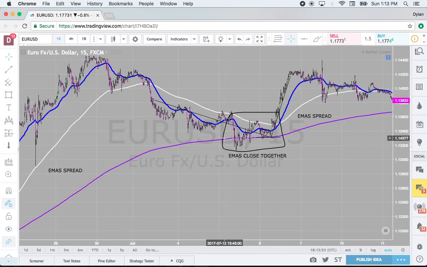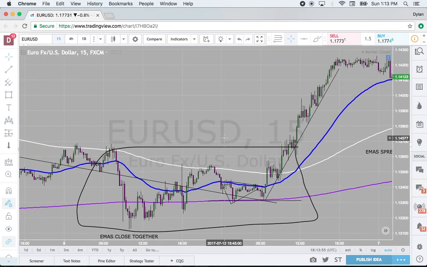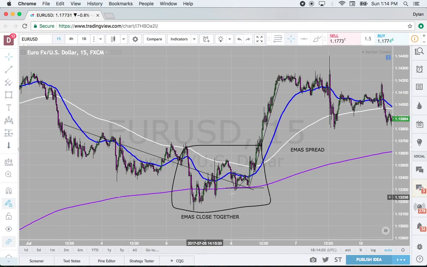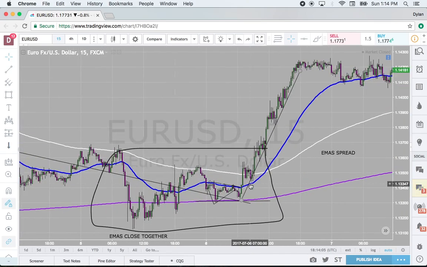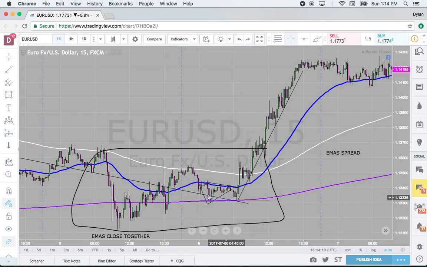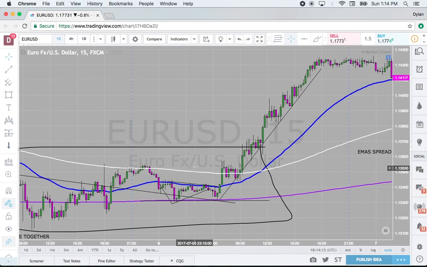So, another example, the EMAs come very close together. They're consolidating here, and then price makes that W formation. And you can see here, the W is at the low of this day. Price changeover is here.